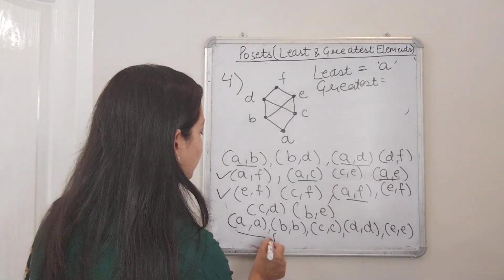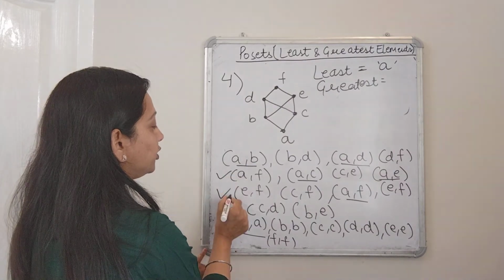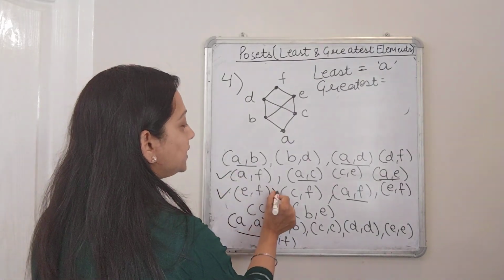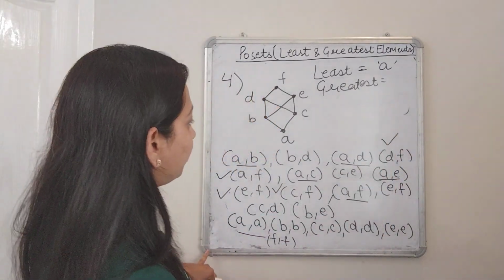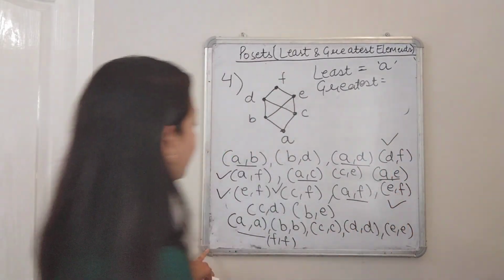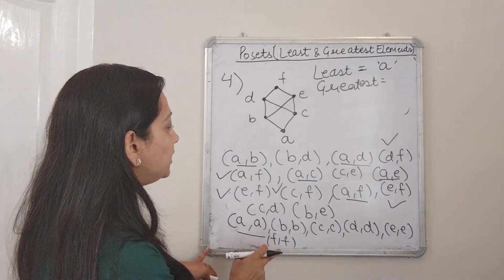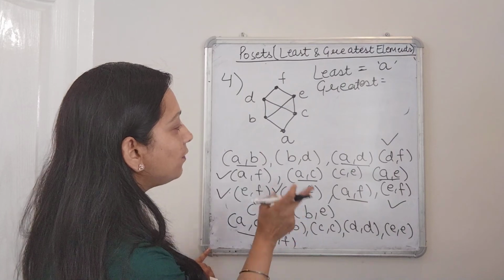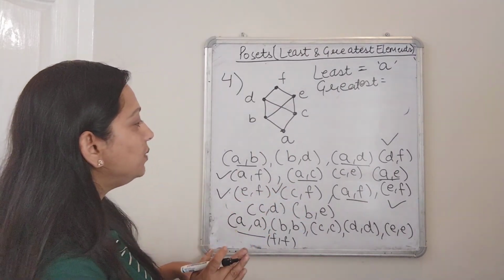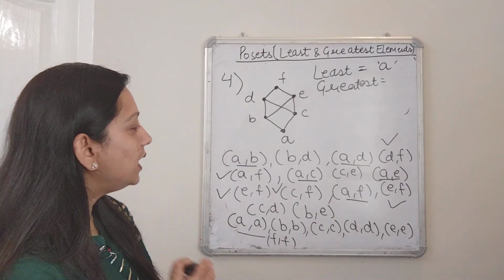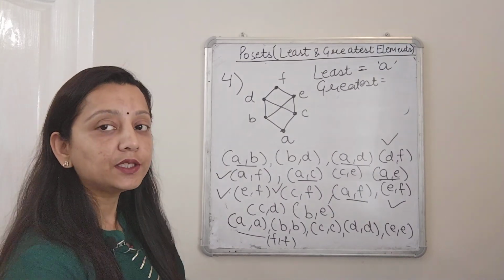Of course, F is related to F. So A is related to F, B is related to F, C is related to F, D is related to F, and E is related to F. So that means F is one such element to which all other elements of this set are related.